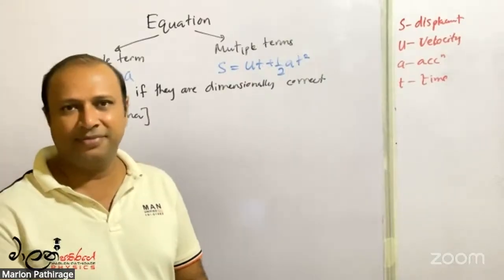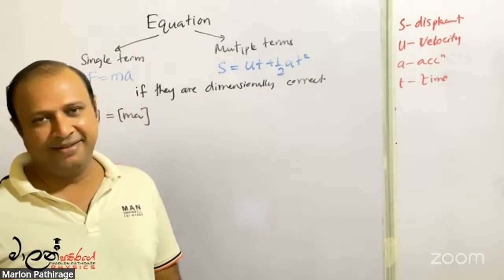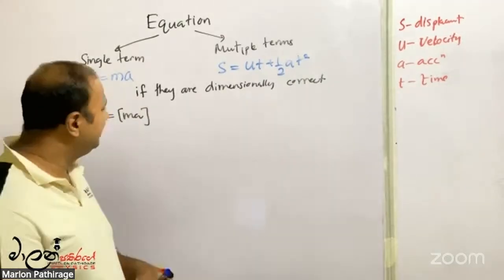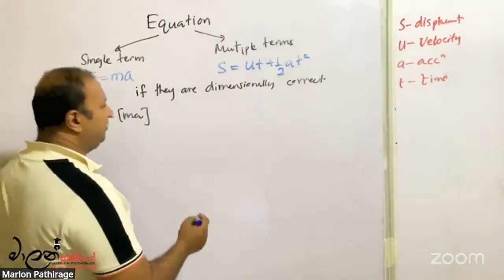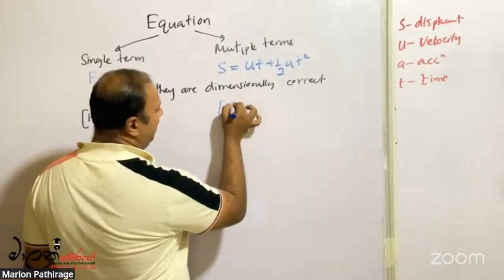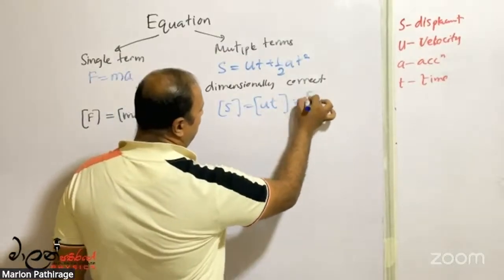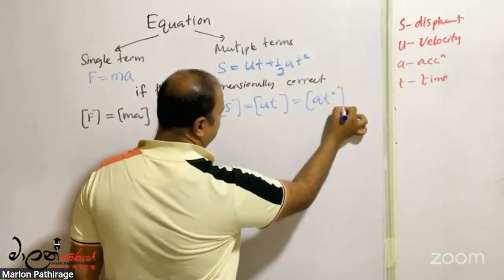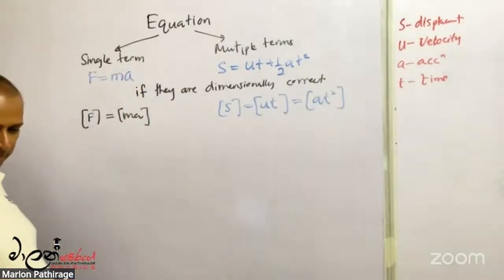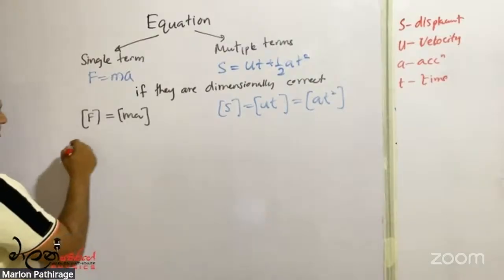Therefore, use the basic concept. Here, if they are dimensionally correct equations, then the dimension of S should be equal to the dimension of u t, equal to the dimension of a t square. This is method one.